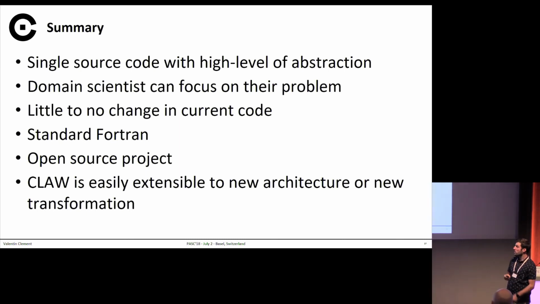There is little to no change in the previous code. You just make it simpler. So now the domain scientists can focus on their problem and not on the optimization for the architecture. Our approach is 100% standard Fortran, fully open source, and you can easily extend the CLAW compiler with anything else.